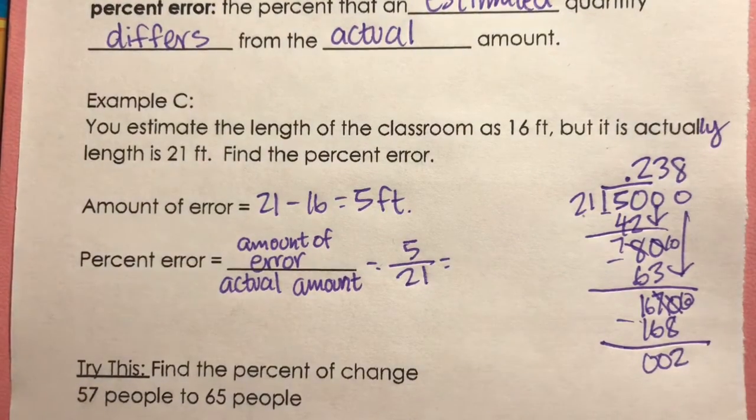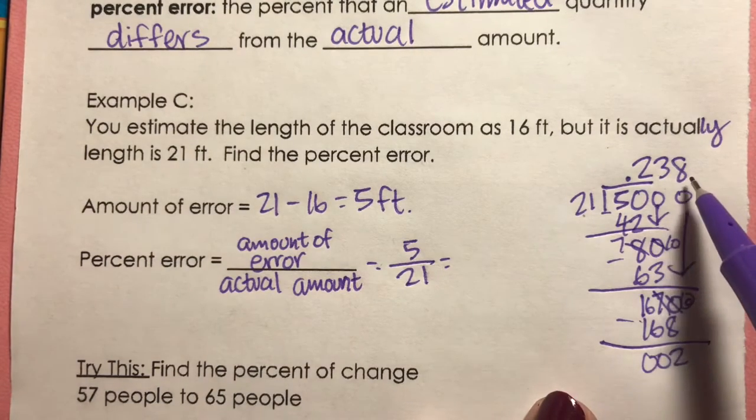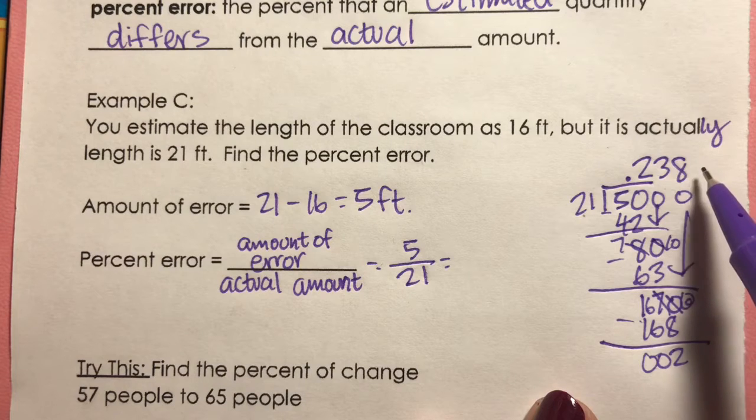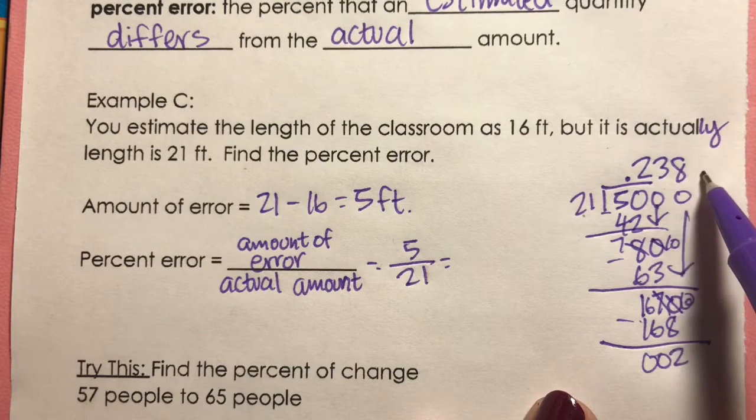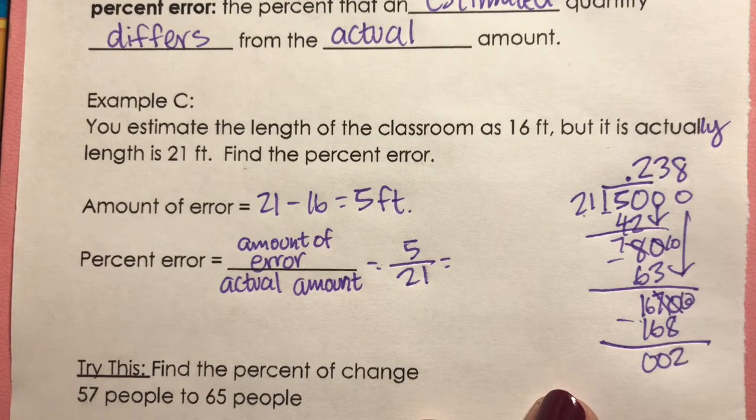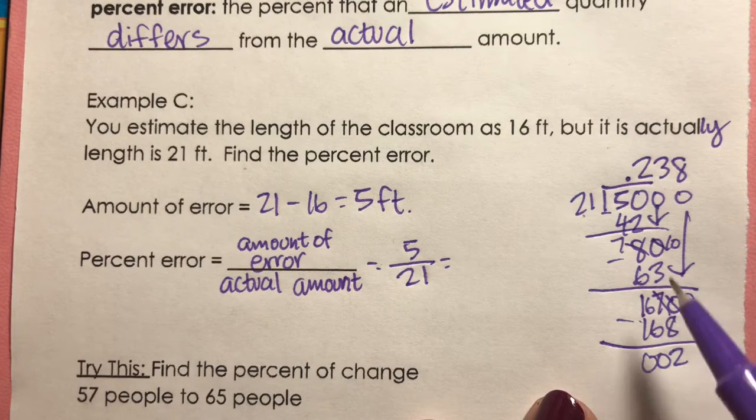I'm going to stop right there because I know that this decimal is going to just go on and on. And again, if your decimal goes on and on, you will have your 2 decimals. You know that the decimal will only move 2 places to the right, and sometimes the problem will say round to the nearest 10th if necessary, and that's what you'll have to do. You'll have to get to the 100th place, and then you'll see if that number is above 5, then you round up. If that number is below 5, you round down.